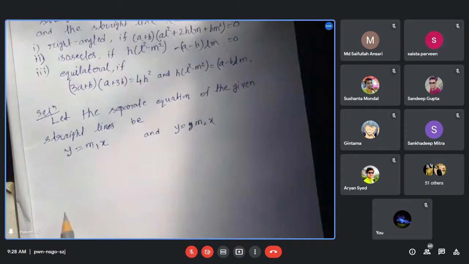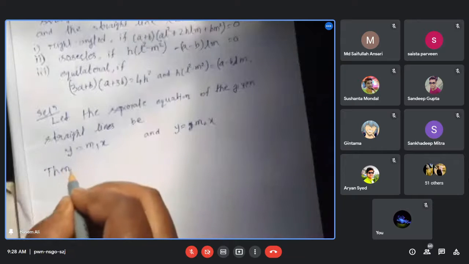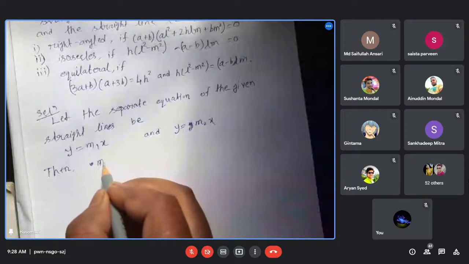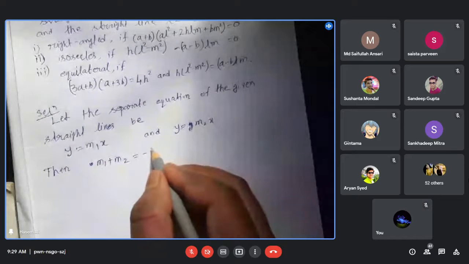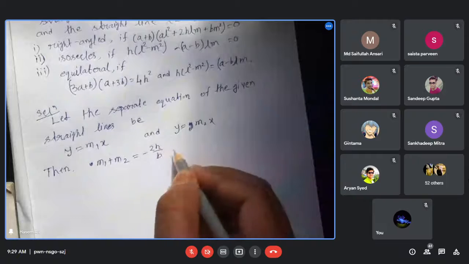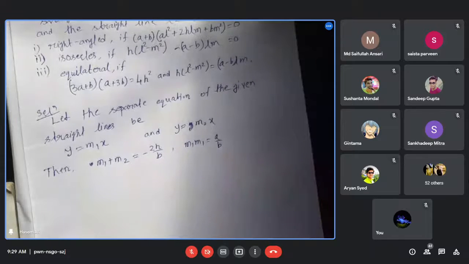Then what are the conditions? m1 plus m2 equals to minus 2h by b and m1 m2 equals to a by b.